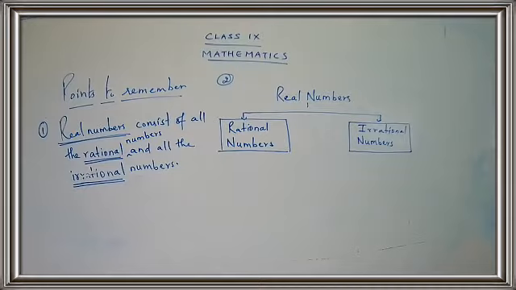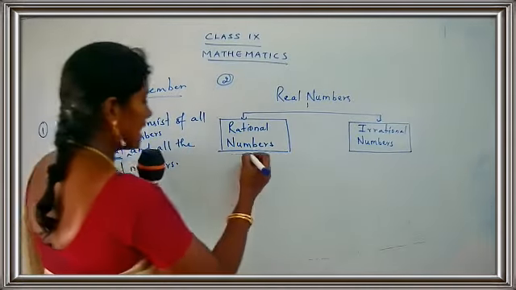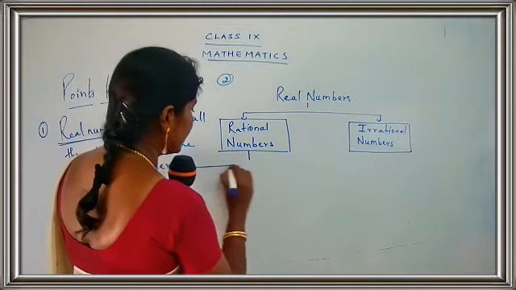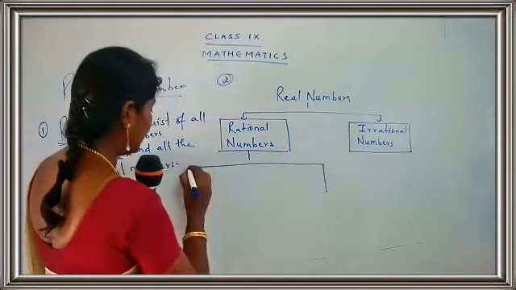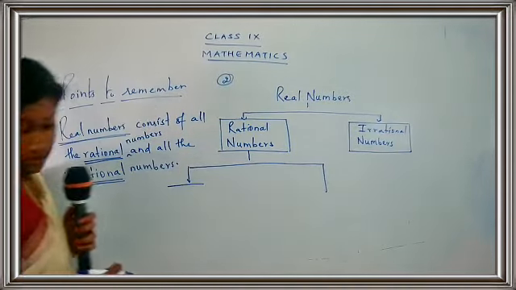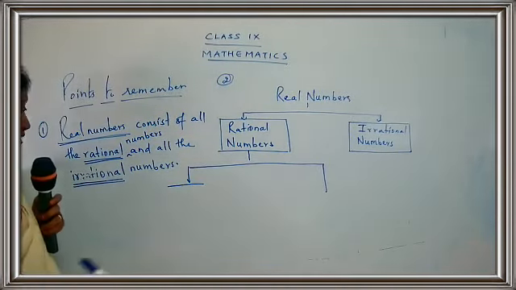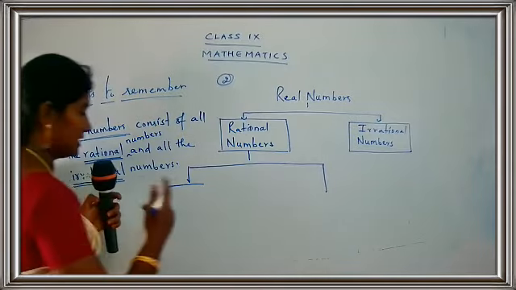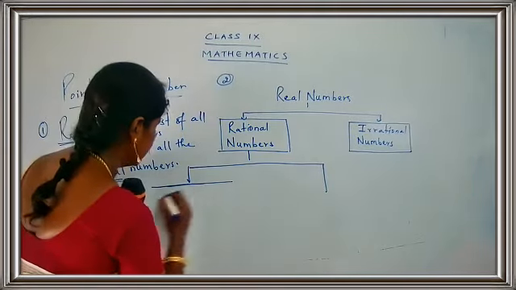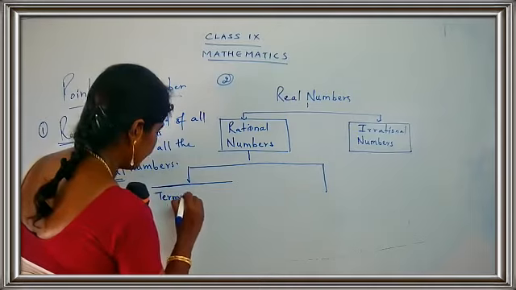Okay. Have you done? Now, again, this rational number is going to break into 2. You know that the rational numbers can be expressed as terminating and non-terminating recurring. That's what I have explained to you previously. So write down here, this is terminating.